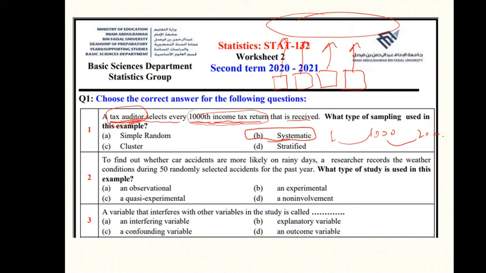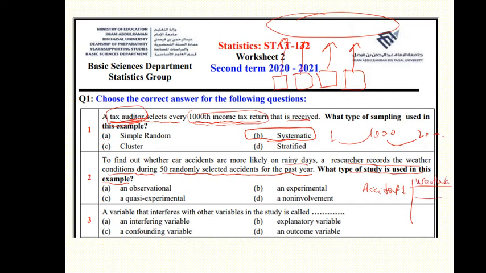To find out whether car accidents are more likely on rainy days, a researcher records the weather conditions during 50 randomly selected accidents for the past year. So what type of study is used in this example? Basically, for each accident day, you check the weather condition on that day.